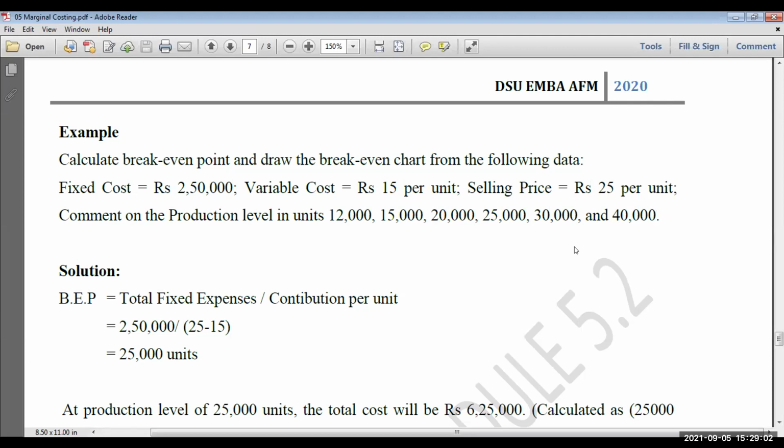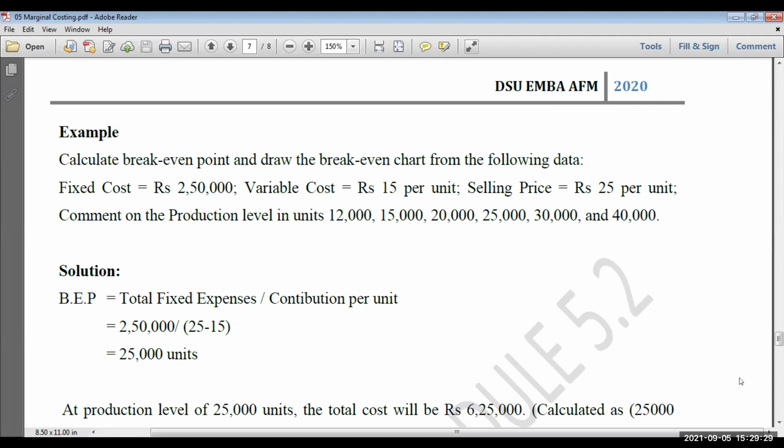For that, first you have to calculate break-even point. How to calculate break-even point? I told you break-even point is equal to fixed expenses divided by contribution, that is, total fixed cost divided by contribution per unit. Total fixed cost is 2,50,000. How do I calculate the contribution per unit?